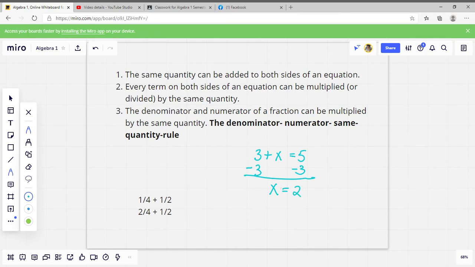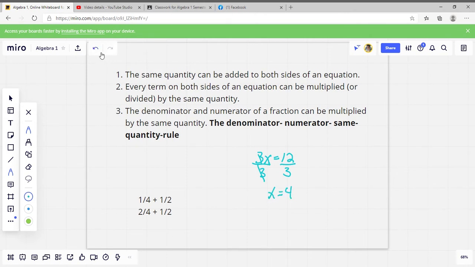So that's the first rule. The second rule is every term on both sides of the equation can be multiplied or divided by the same quantity. So that's if we had 3x equals 12. We can divide by 3 on both sides, and we get x equals 4.